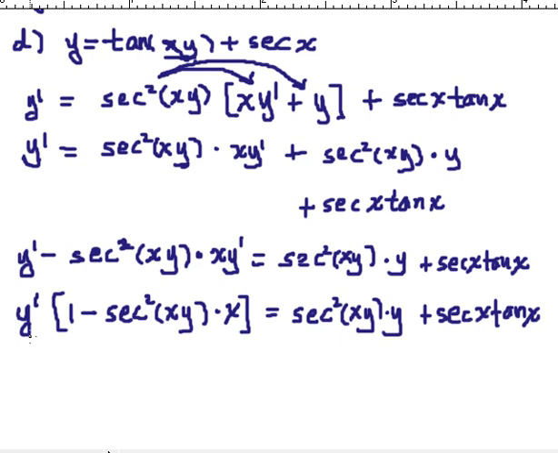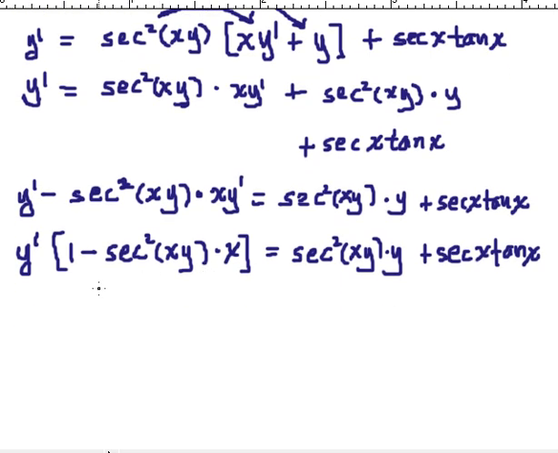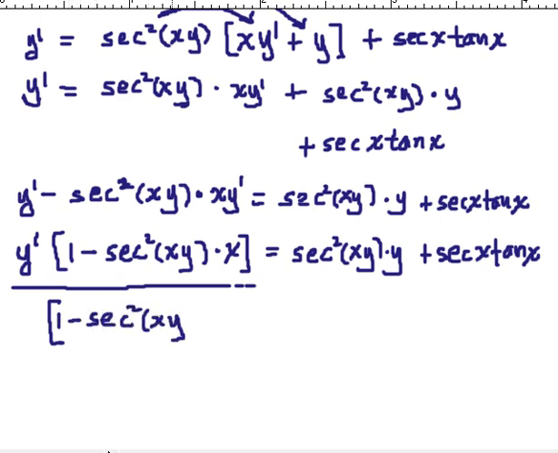And like we always do in the last step, we divide both sides by whatever's multiplying y prime. So in this case, we'll divide by this expression here in the square brackets. Just like that. 1 minus secant squared xy times x.